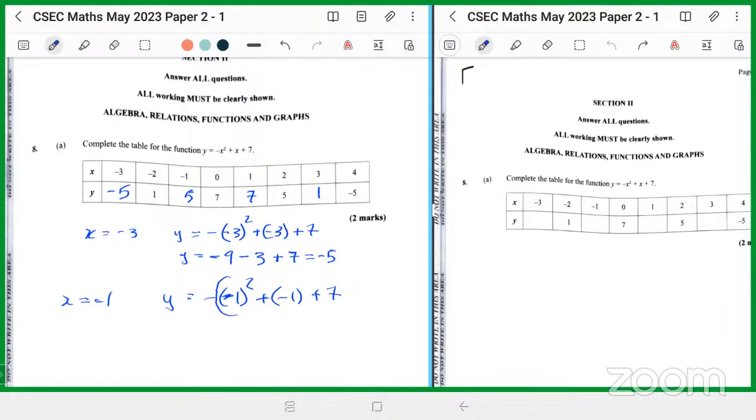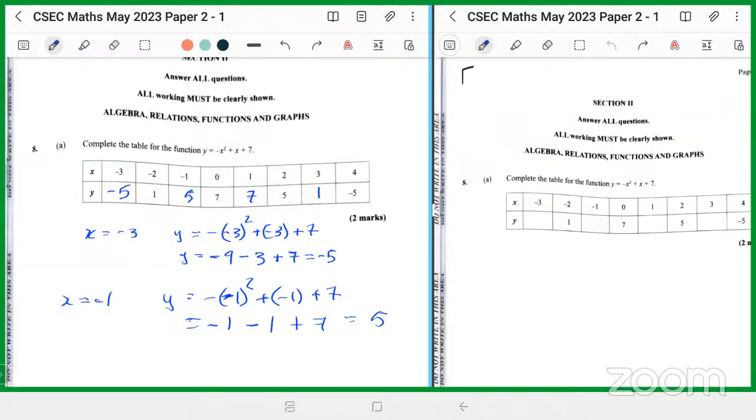This is going to become a -1 squared, which becomes a 1. And this minus is not changing. So this works out to -1. This again is -1. And you're adding 7. This is -2, and -2 plus 7 is 5. So you see this works out to 5, the same 5 that I have there. I did not have to work it out because I pick up the symmetry of the function.